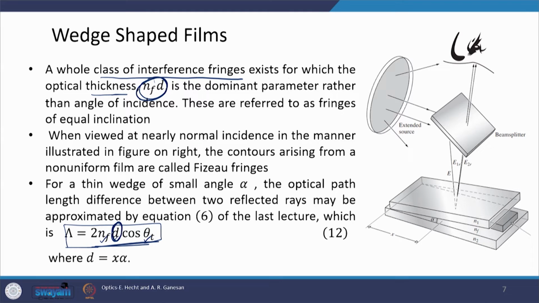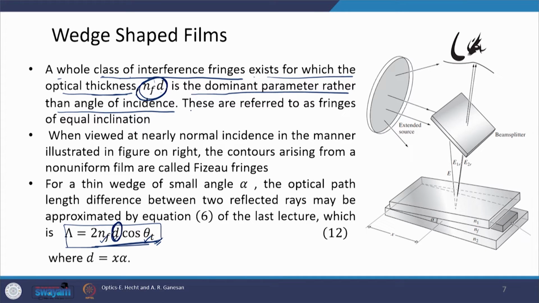refractive index NF. And therefore, a whole new class of interference fringes exist for which the optical thickness, which is NFD, is the dominant parameter rather than the angle of incidence or angle of transmission, which is shown here in equation number 12.